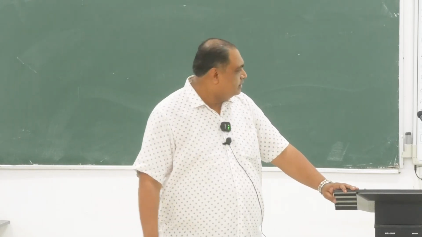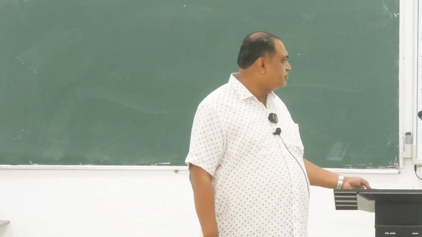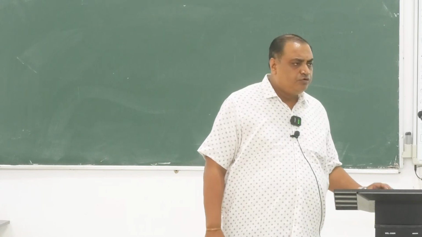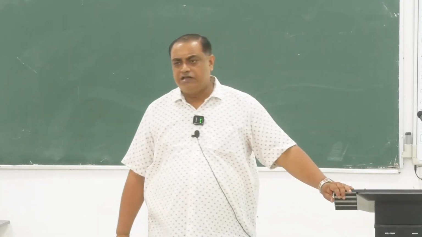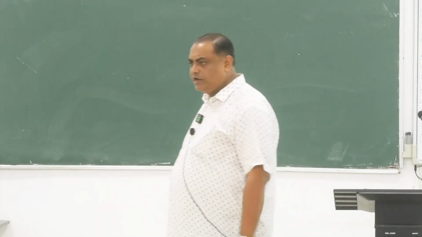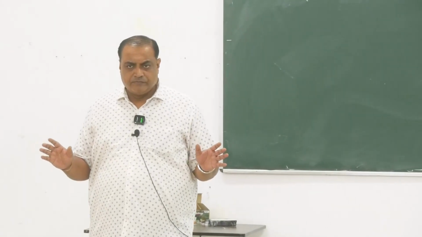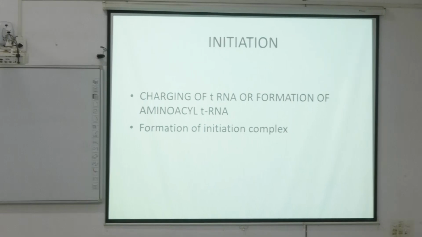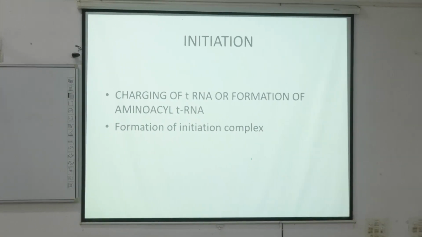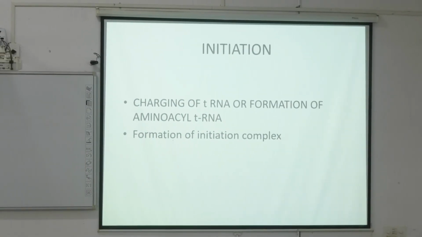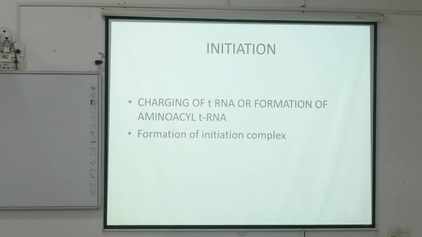So now we will start. The initiation process has two phases. One is the charging or activation of tRNA. Another is formation of the initiation complex. Here in the class, you just learn the phases and the sequence of events.